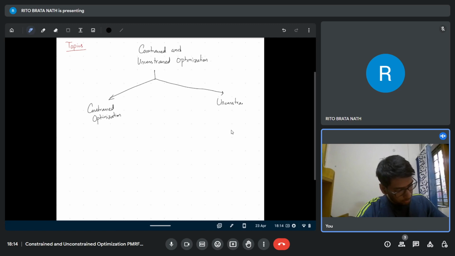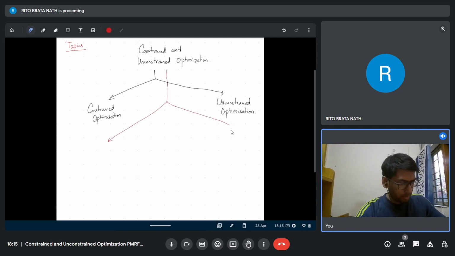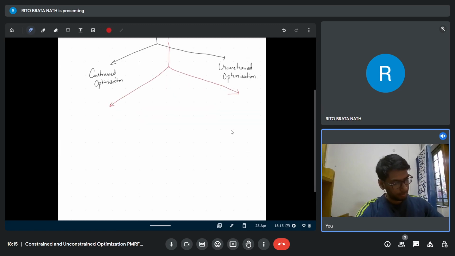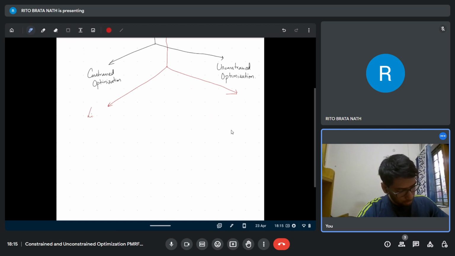Now, in addition to that, there can be another classification, the way this course was structured. So let me write it down. One is linear optimization, or you can call it linear programming.